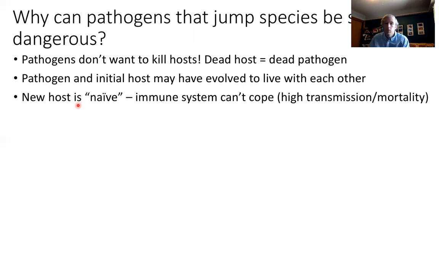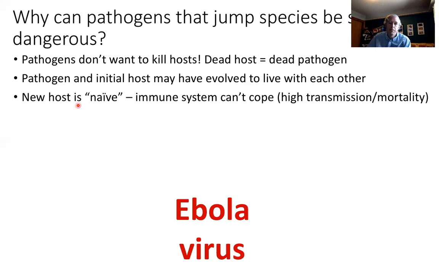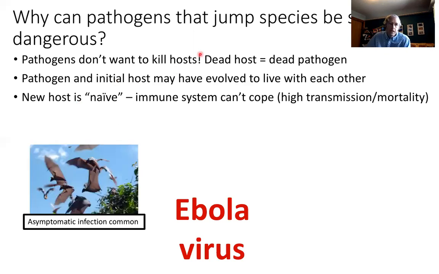And we can see this in a whole bunch of diseases. So let's have a look at Ebola. The Ebola virus is present in a lot of bat species. It causes asymptomatic infections. So in some parts of the world, especially in Africa, if they test a whole bunch of these bats that are flying around, they have a very, very high level of Ebola virus infection within bat colonies, especially because bat colonies tend to live in very tight-knit groups.